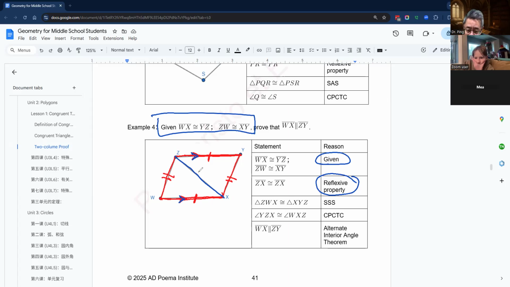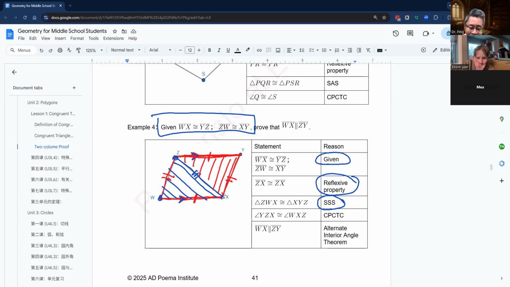So therefore, what do we know? Well, we have side, side, side. So therefore, based on the SSS theorem, the triangle ZWX, so this bottom triangle, is congruent to the top half part, WXZ.